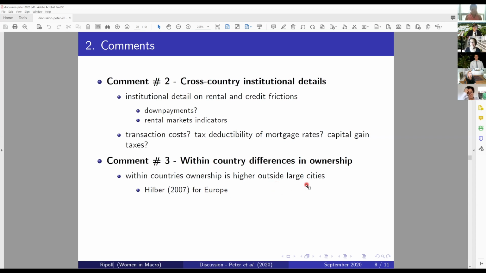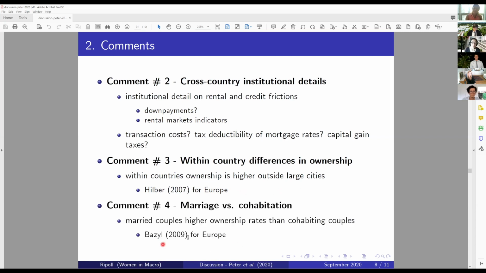That tells us that if a particular country has the same credit markets and the same rental markets, then there is something about the housing stock in large cities versus non-large cities. So there is a spatial component there with housing stock and housing supply, which of course is endogenous, that would probably give some insights into those differences within countries.